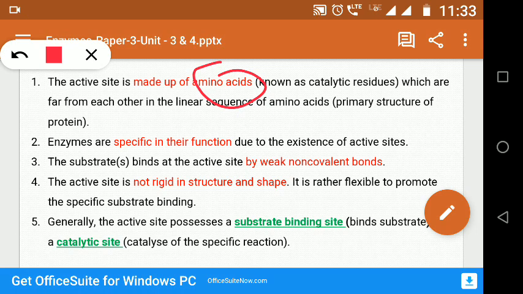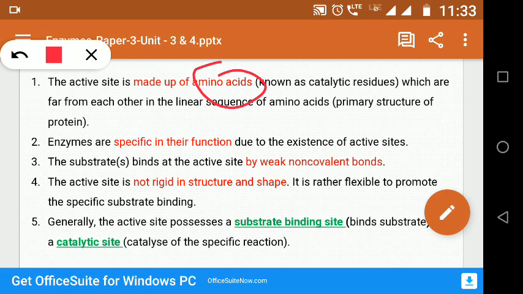The second point is enzymes are specific in their function. They specifically bind a specific substrate, and only catalyze their own specific reaction, but not other reactions. If we take the example of glucokinase, it strictly binds glucose and converts it to glucose 6 phosphate only. It cannot bind other sugars like fructose, galactose, or anything else.